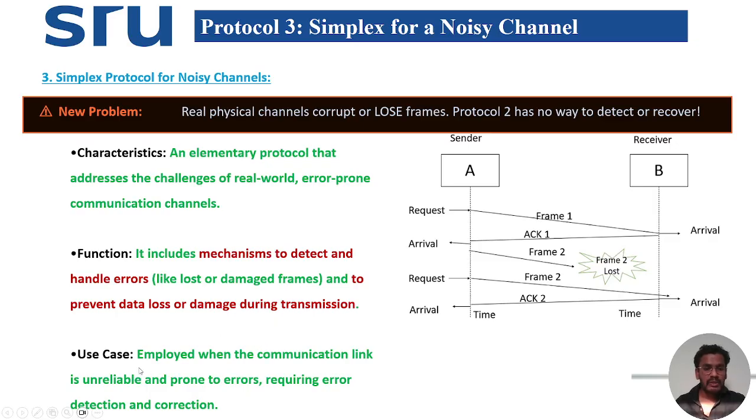The use case is when the communication link is unreliable. Wherever the communication environment is not reliable, we use this kind of protocol, because we need to prevent errors, requiring error detection and correction as well.